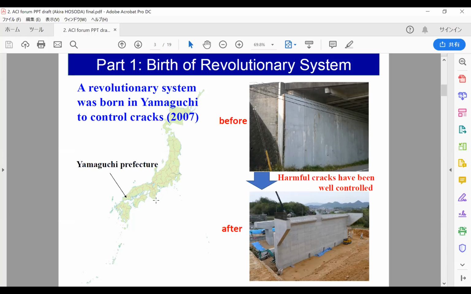Actually, I have been involved in this system from 2009 as an outside researcher. I supported their development, and after that, I spread their philosophy or system to the whole of Japan.